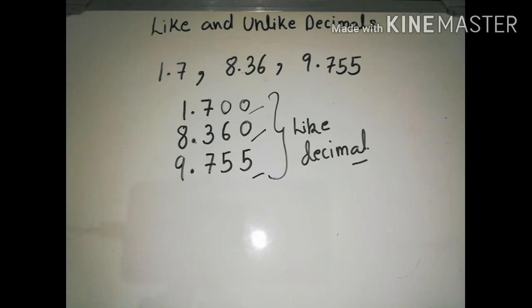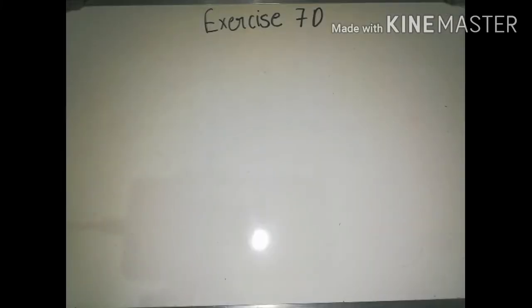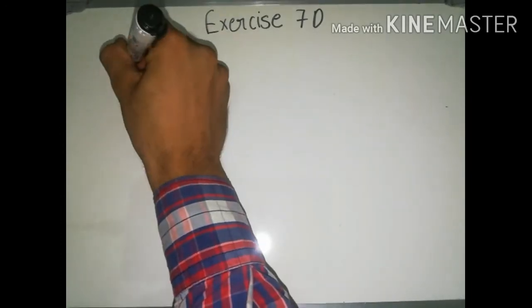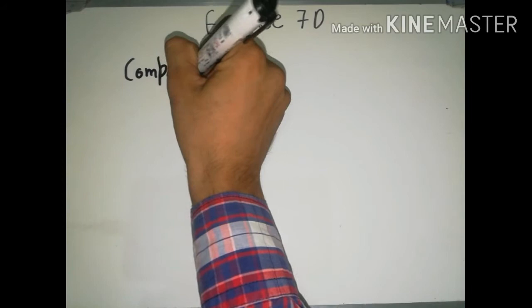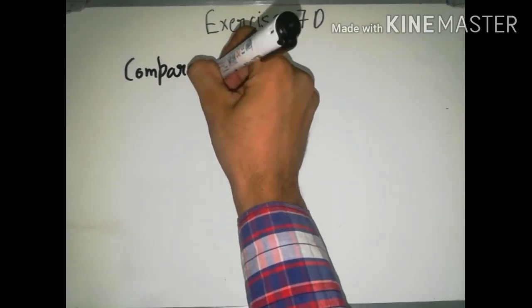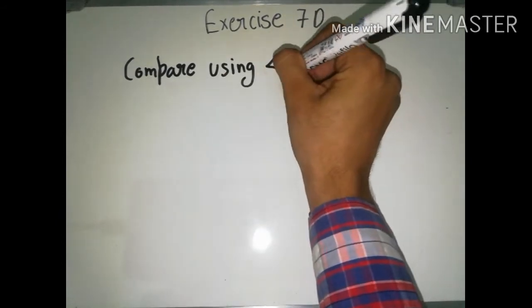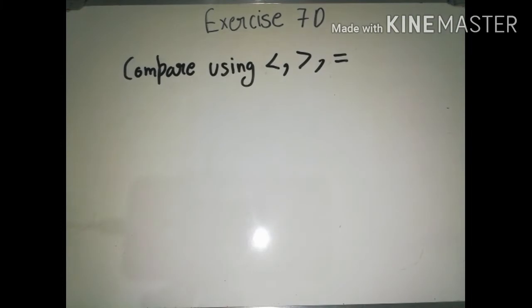Now we will solve our exercise 7D. So students, exercise 7D is only based on comparing using these symbols, and we have to compare decimals.